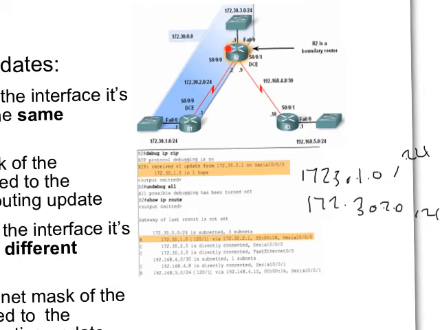And this one will have to be communicated from router 2. So when router 2 sends to router 1, it will send an entry for this, which R1 will then insert into its own routing table.